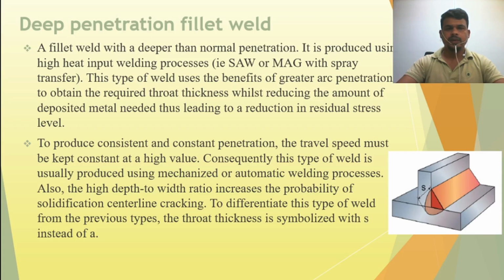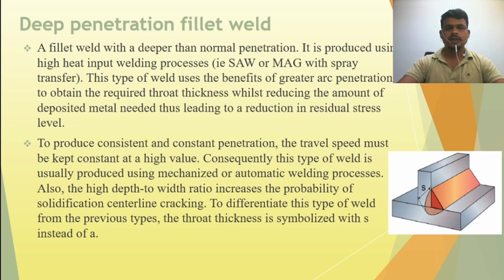So this type of weld uses the benefits of greater arc penetration to obtain the required throat thickness whilst reducing the amount of deposited metal needed, thus leading to a reduction in residual stress level. Second, to produce consistent and constant penetration, the travel speed must be kept constant at a high value. Consequently, this type of weld is usually produced using a mechanized or automatic welding process.